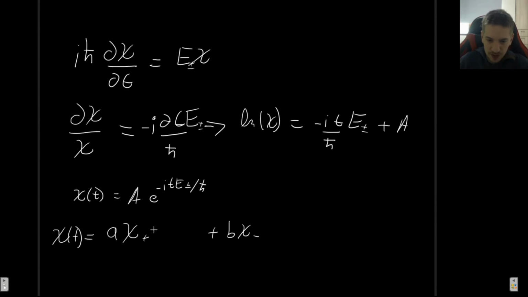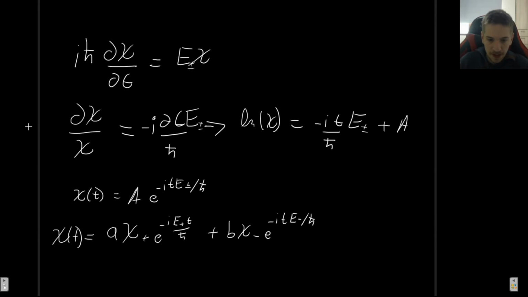So here we're going to get this times big A e to the minus i, let me write it like this, e, but the positive energy here, t divided by h bar. And similarly here, B e to the minus i t E minus divided by h bar. But take into consideration, we already have one constant. These are two constants, random constants. So we don't need to write both of them. We can just absorb one into the other.